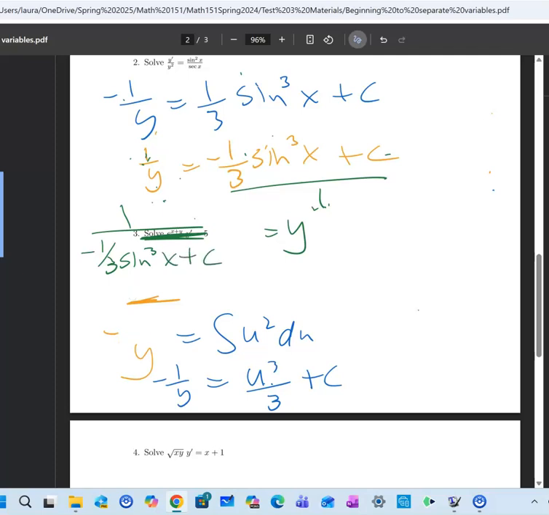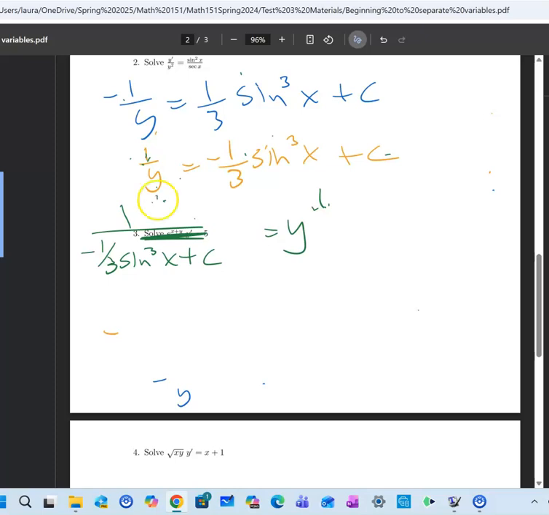So I cross multiplied between the two sides, right? I multiplied by y on this side. My y went away. Multiplied by y, and then I divided by all of that. So all of that is in the denominator. So keep it down there, and that would be the answer.